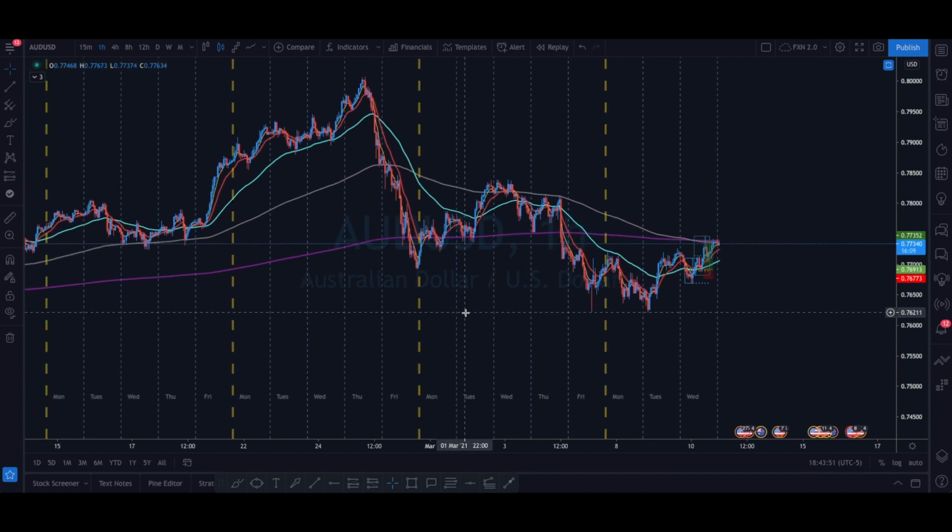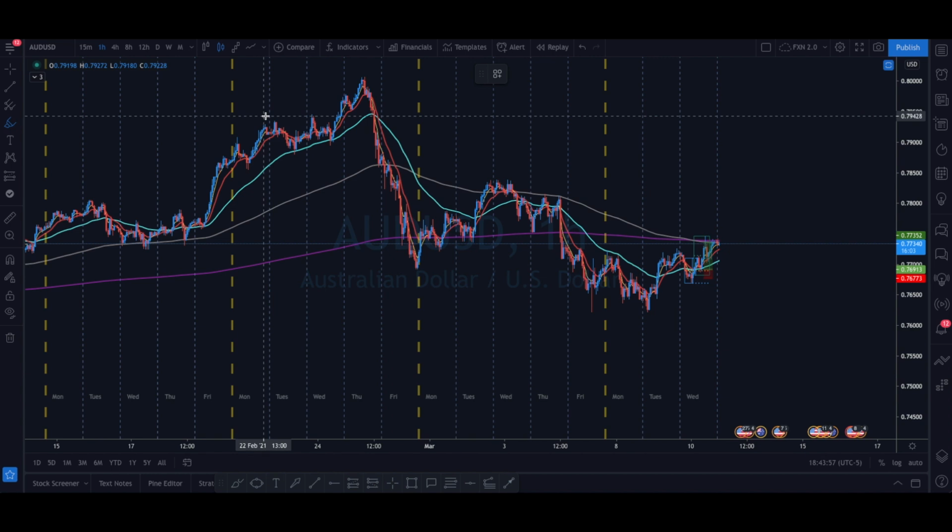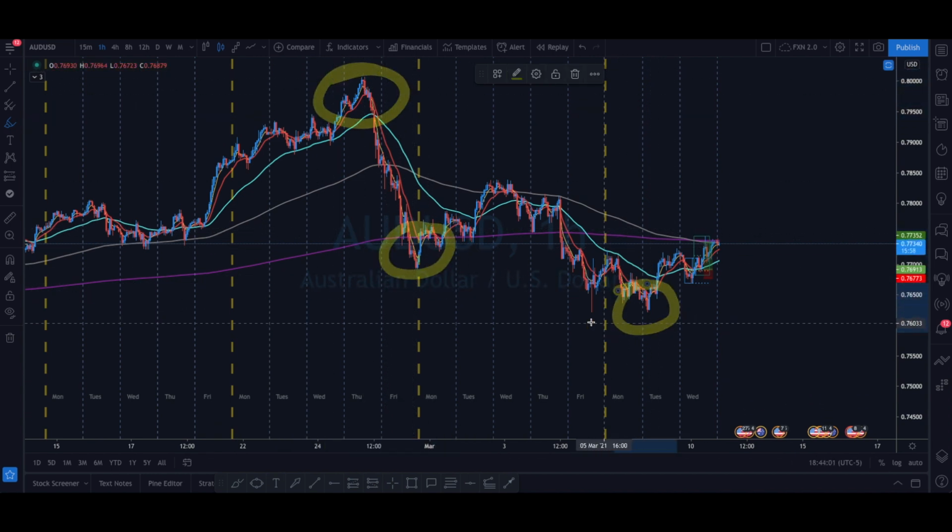When I look at this chart, what do I look for? I look for either the low or the high. So immediately I can see that we definitely have a high here, a low here, a low here, and a high here, right? So we have all that.